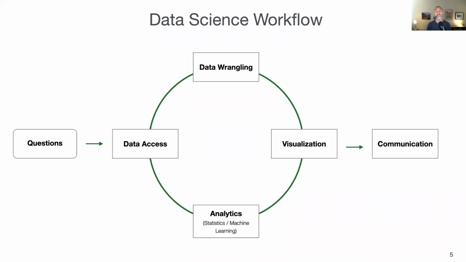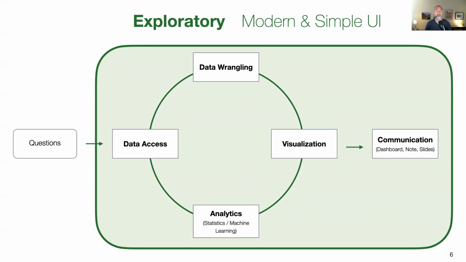Once you find insights that help you answer the business questions, if you are working by yourself, then that's the end. But most of the time you work with others, so you need to communicate those insights effectively. So we think data access, data wrangling, visualization, analytics, and communication are the important 5 steps. Exploratory provides more than a simple UI to do these 5 things.